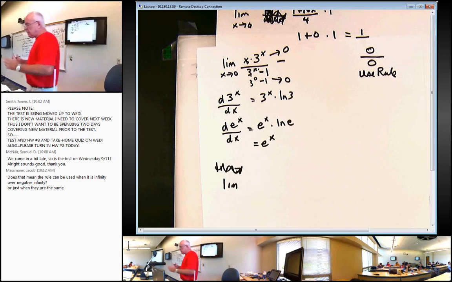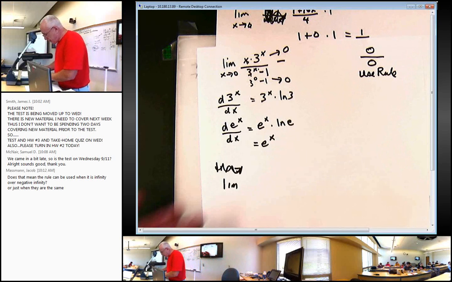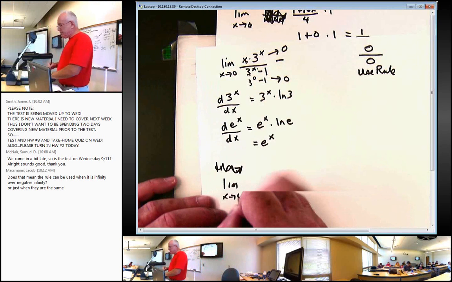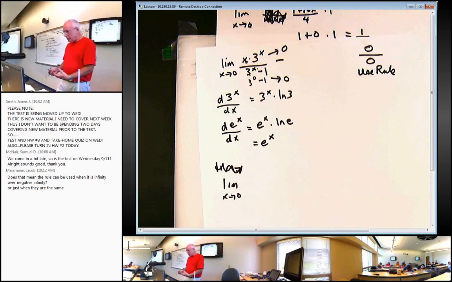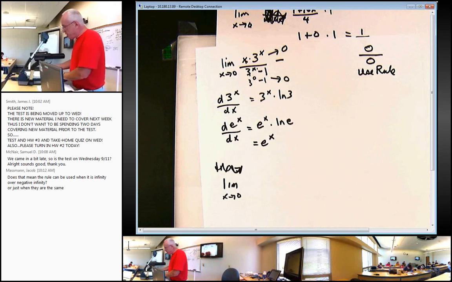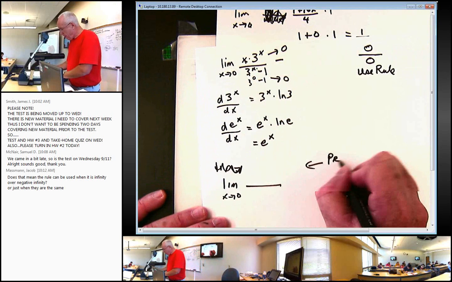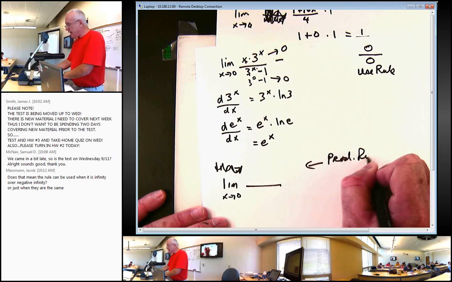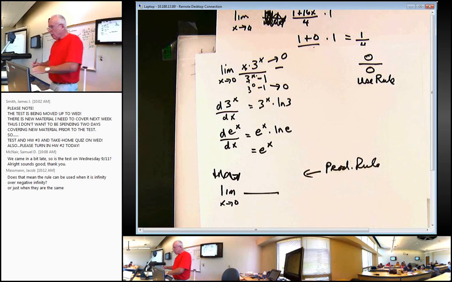Okay, so we got 0 over 0. So take the limit. Now let's do the derivative of the numerator and the derivative of the denominator. For the numerator, I've got to use the product rule. I've got x times 3 to the x power. So that's going to be what?